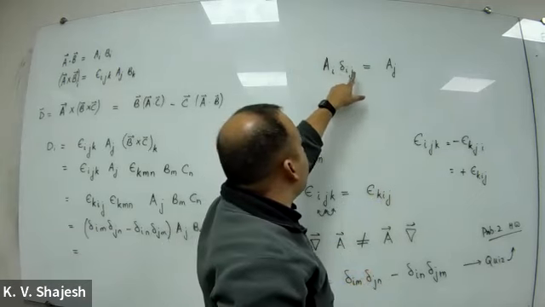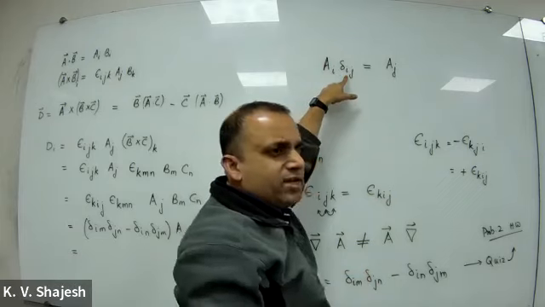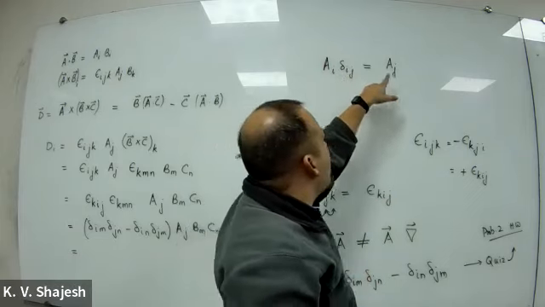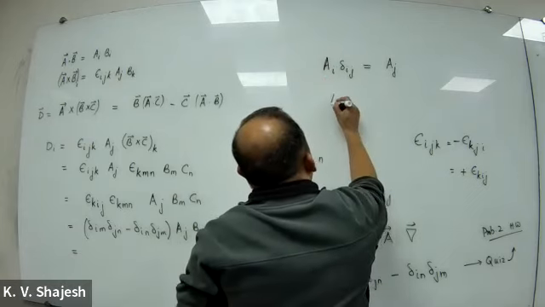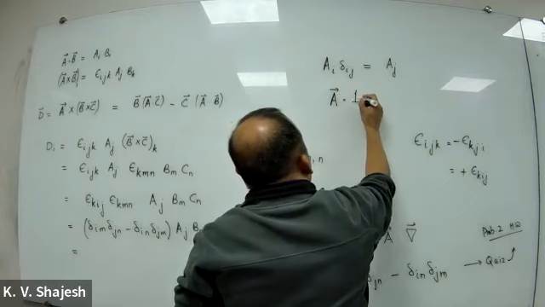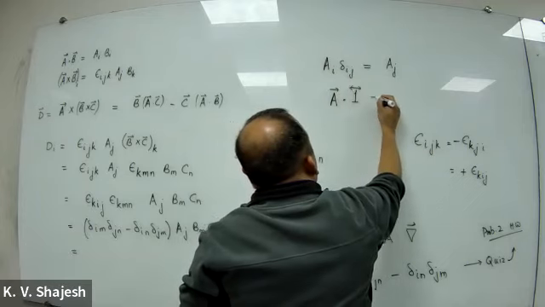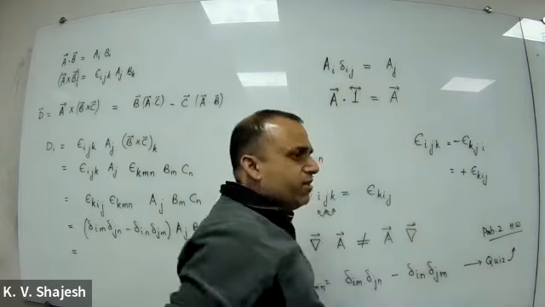It survives only when I is equal to J, and this is summed over, that's a dummy index. I don't care. So only when I is equal to J it survives. So basically, this is equivalent to saying a vector dotted with an identity matrix is equal to the vector itself. That's the same statement.